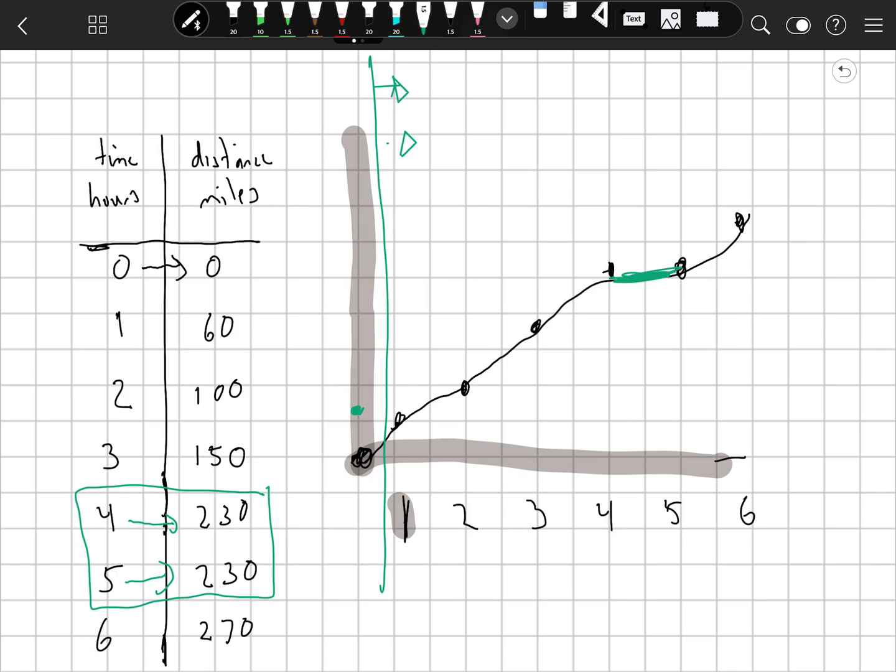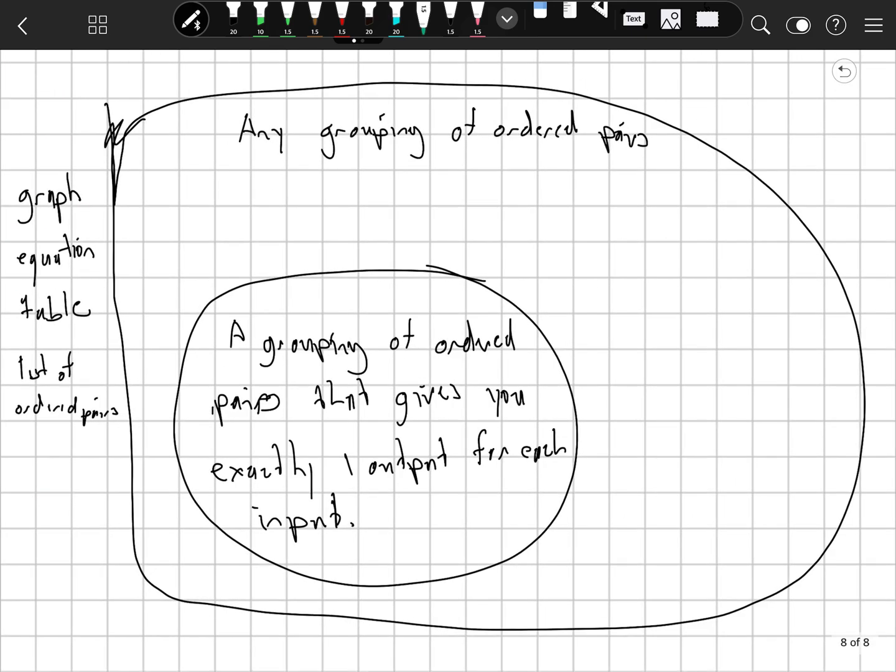I'm going to put some arrows in and move it to the right. And as you move this vertical line to the right, your graph can only touch the line in one spot. If it touches in two spots, you know it's not a function. So this one, as you move it to the right, should pass the vertical line test. It's definitely a function.